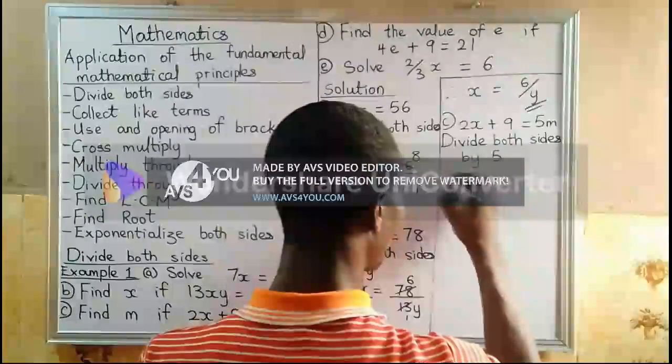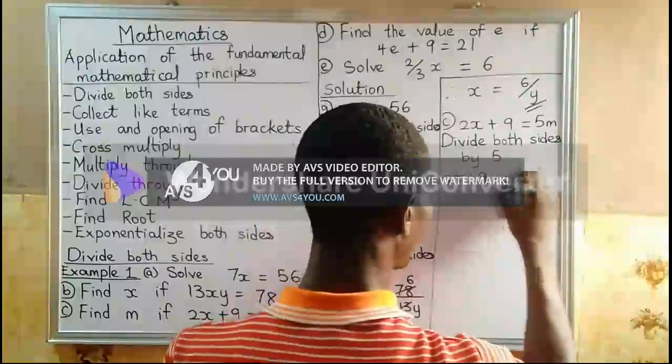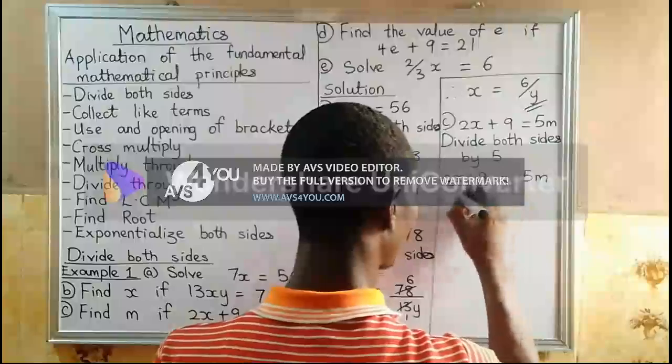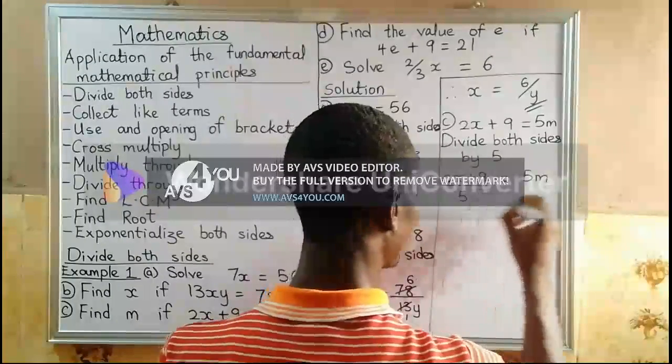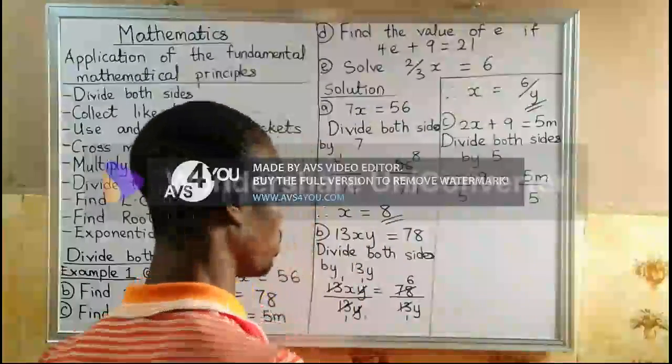So the first side we have 2x plus 9, and the second side we have 5m. So the first side will be divided by 5, and the second side also divided by 5.